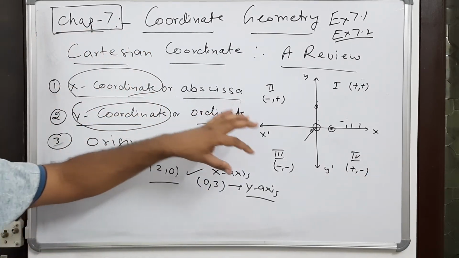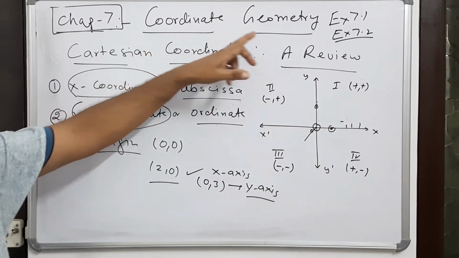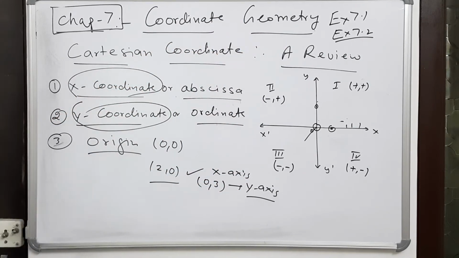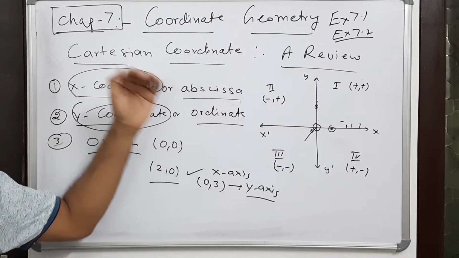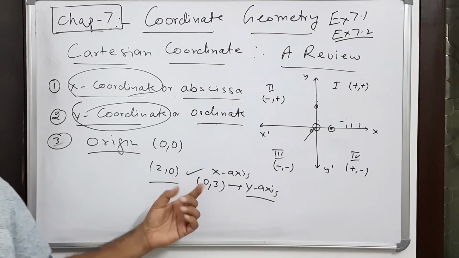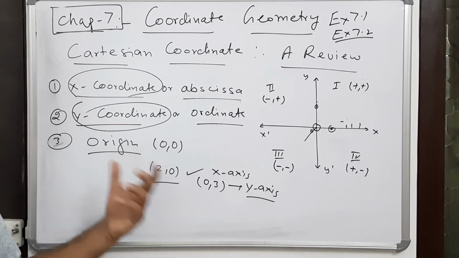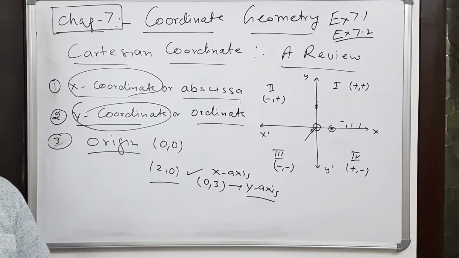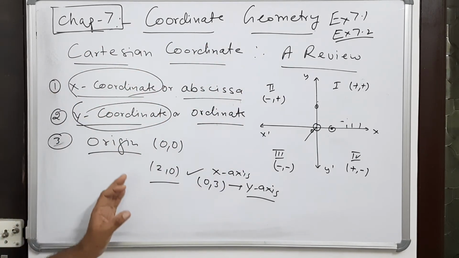This knowledge you must also have when we start coordinate geometry. This is the brief review of the Cartesian coordinates which you read in class 9th. So I suggest that before I open exercise 7.1 and explain it, you must know this review.